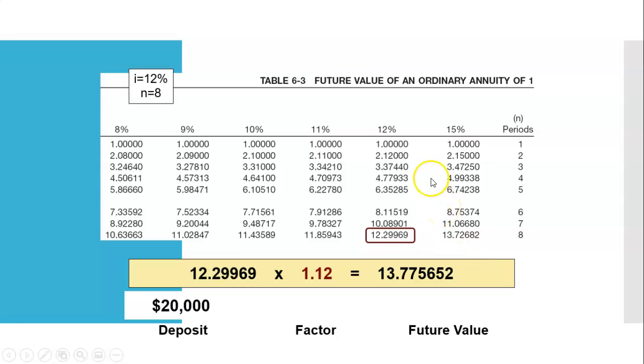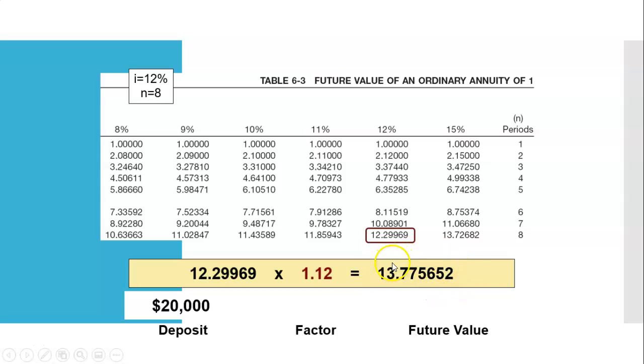Looking in table 2, down the 12% across the 8 years, we get 12.29969. We take that factor and multiply it times 1 plus the interest, 1.12, which gives us a factor of 13.775652.